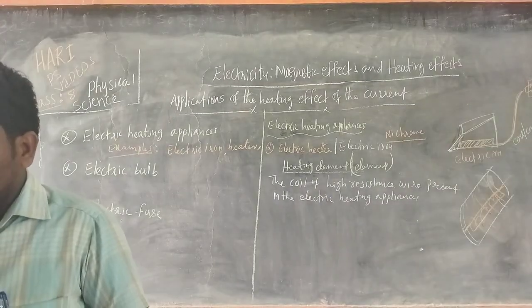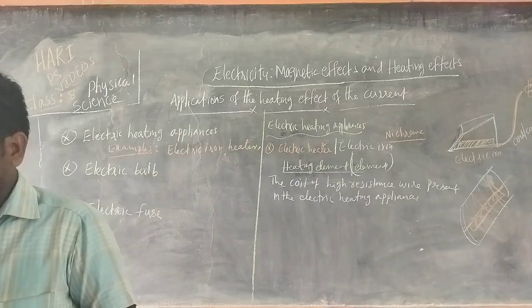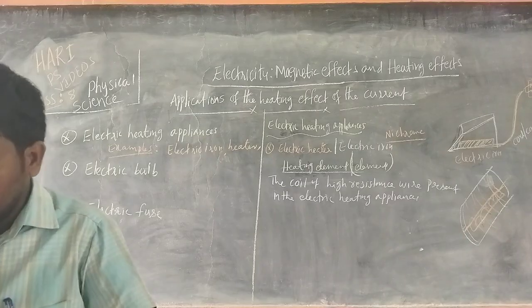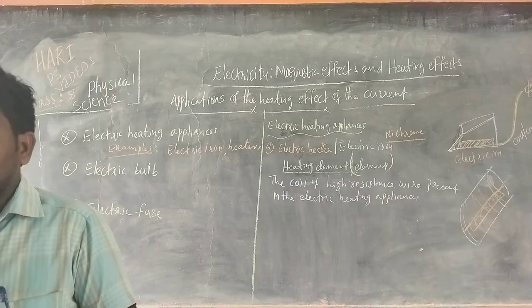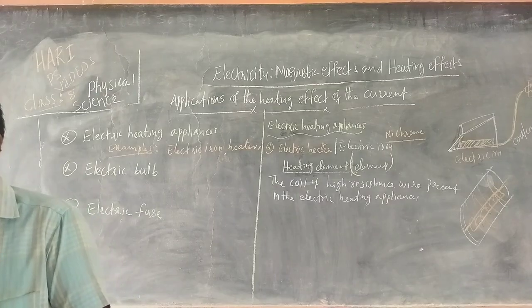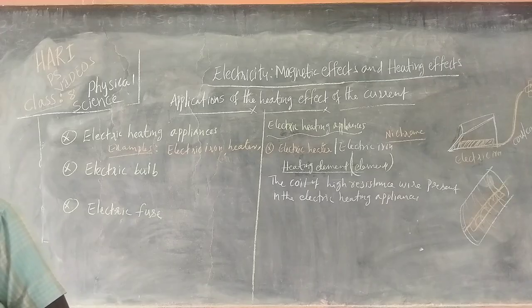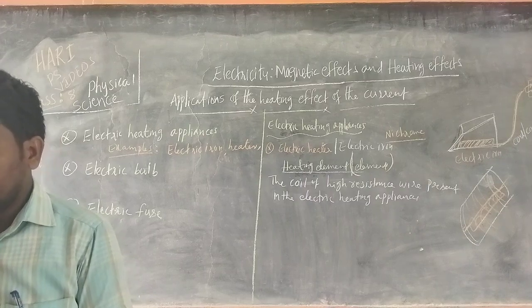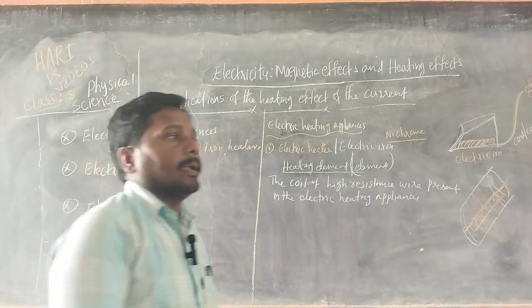Then the heating elements of electric heaters used for cooking food can be seen from the outside. The heating elements of most electric heating appliances are concealed inside the body of the appliances.